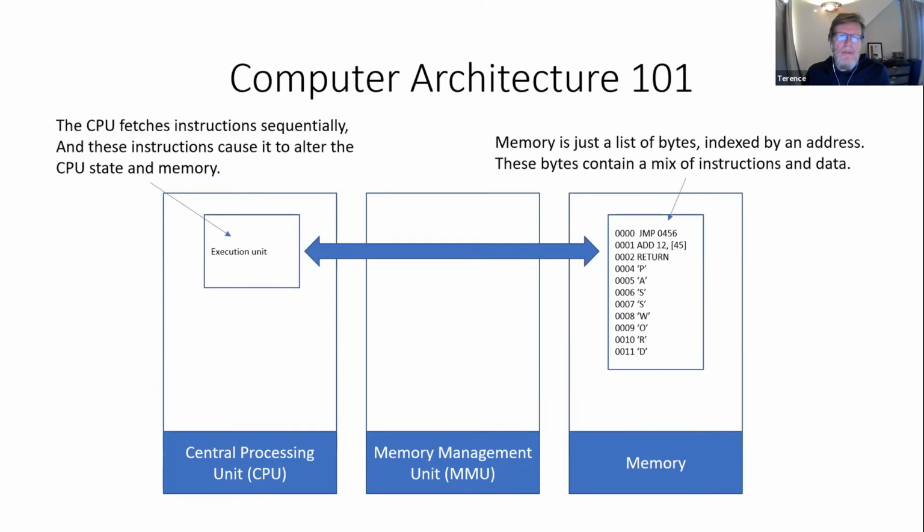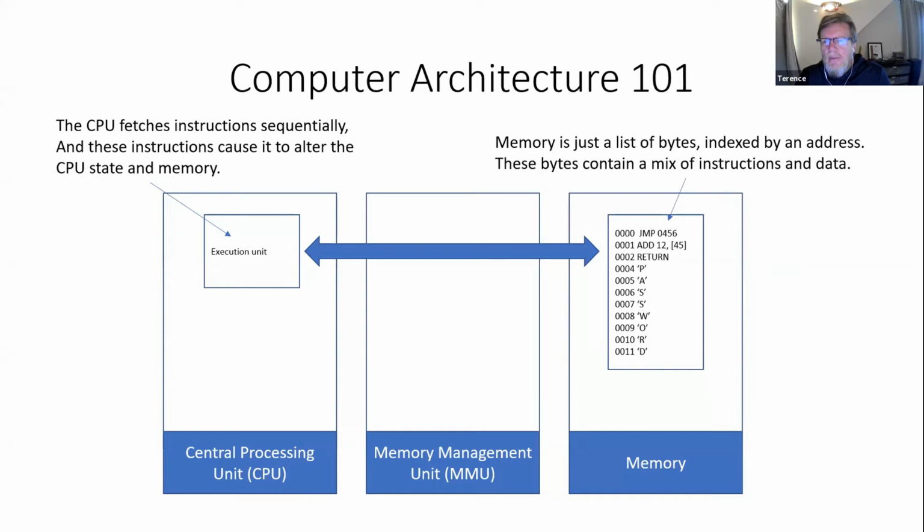And what happens here is that your CPU basically has a job, which is to fetch instructions out of memory and use those instructions to alter the CPU state and other parts of memory. And memory is just a list of bytes or other pieces of information indexed by an address. It's literally just a list of these things.